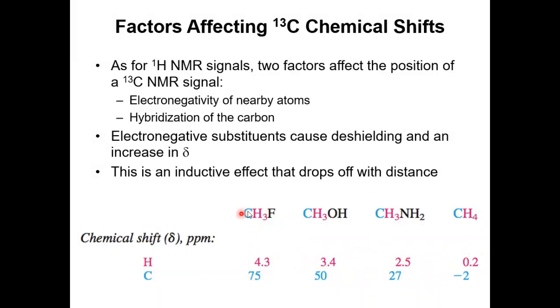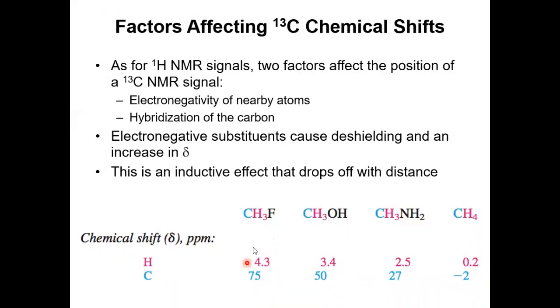Similarly, the carbons in those compounds have a similar trend. If a carbon's electron density is lower because of a strongly electron withdrawing fluorine atom stealing electron density away from it, the chemical shift value is highest. Exactly the same trend.